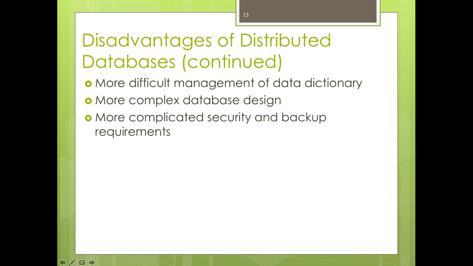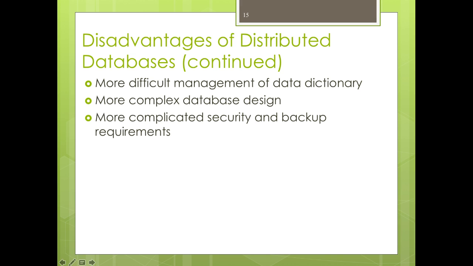Our data dictionary also becomes much larger, and it also will become fragmented. So our data dictionary is going to be in our main location and all of our remote locations, and they all have to be kept up to date. So if we have indexes that are being applied and our remote locations are keeping track of their indexes, they also have to turn around and update the index at the main location.